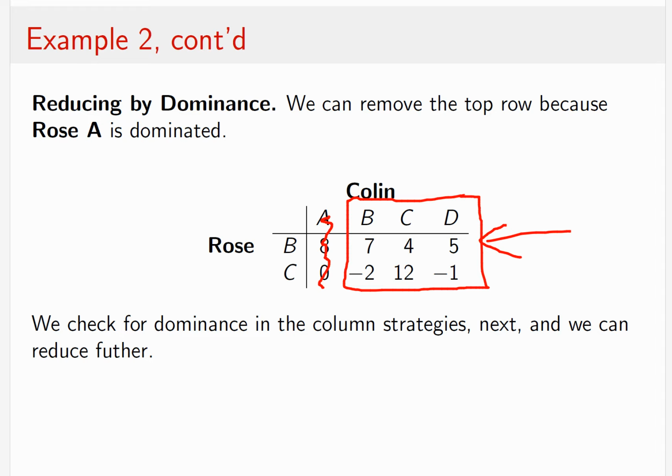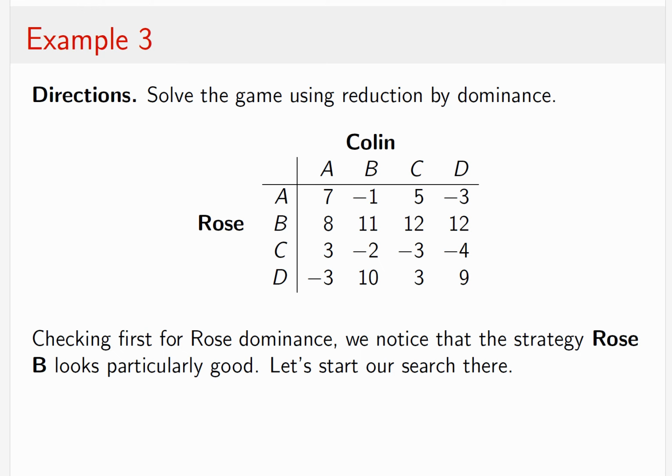All right, so we have made progress, but we don't always have a pure strategy solution, and sometimes the game doesn't reduce all the way to a pure strategy solution by dominance. Example 3, check first for rows dominance, and I hope it's clear just by scanning that there's a lot of big numbers in row B, and remember rows is trying to maximize.